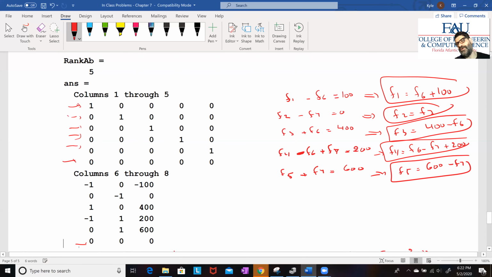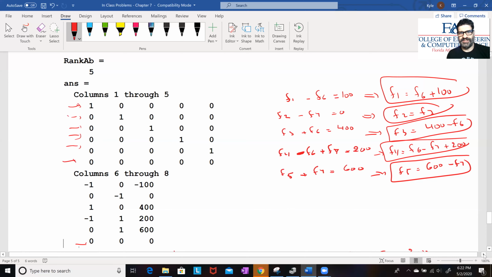So here we go. We have f1, f2, f3, f4, f5 as a function of f6 and f7. In order for us to find f1 through f5, you need to specify f6 and f7. So sensors on these streets, f6 and f7, need to be installed so we can calculate the rest.